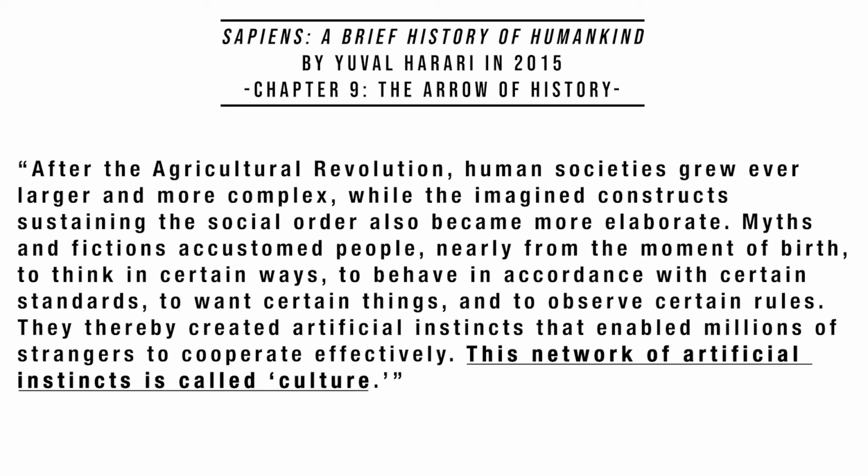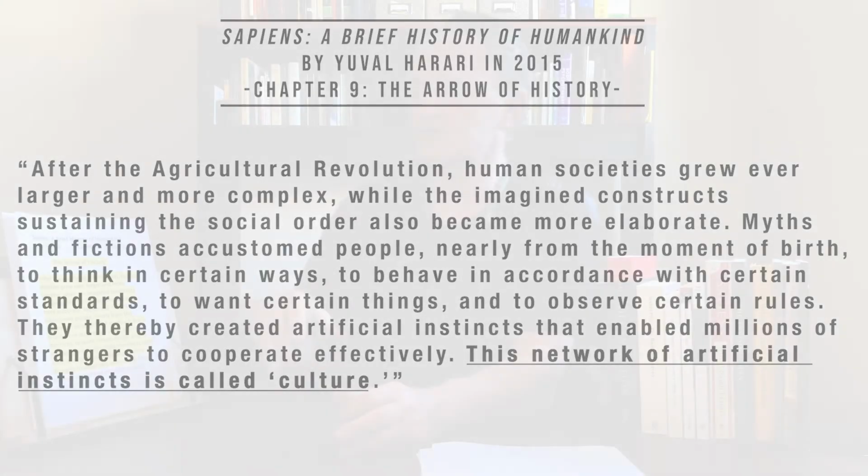Myths and fictions accustomed people, nearly from the moment of birth, to think in certain ways, to behave in accordance with certain standards, to want certain things, and to observe certain rules. They thereby created artificial instincts that enabled millions of strangers to cooperate effectively. This network of artificial instincts is called culture. Same idea. When I first read this book, I said, wow, H.G. Wells come to life in the modern time.